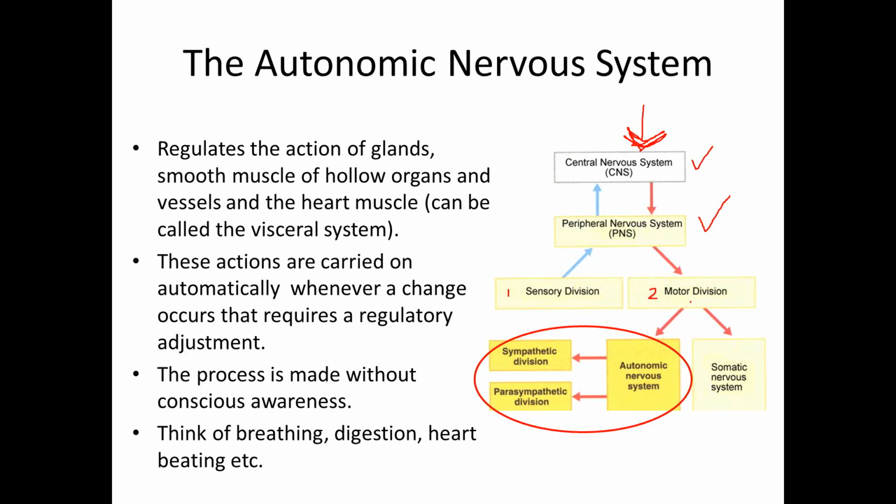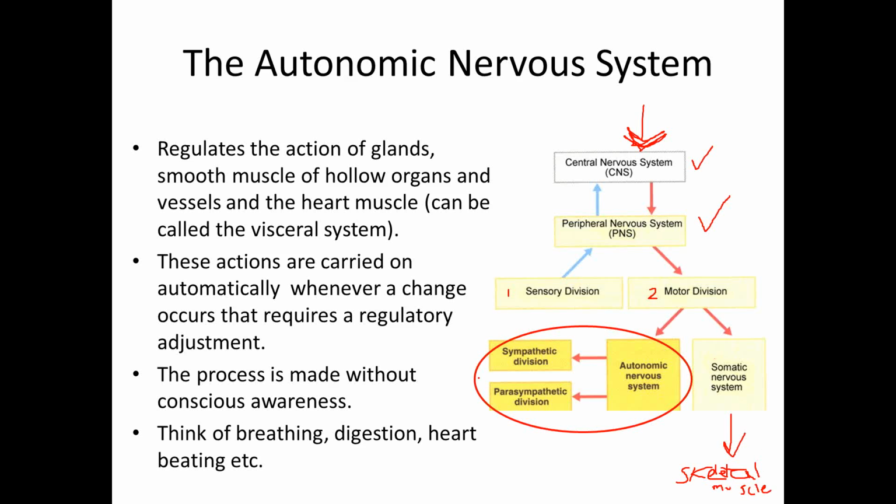Now, the motor division, the movement part, has two parts. First of all, the somatic nervous system. I'm going to just poorly write in here. I can't spell today. There we go. Skeletal muscle. Okay.